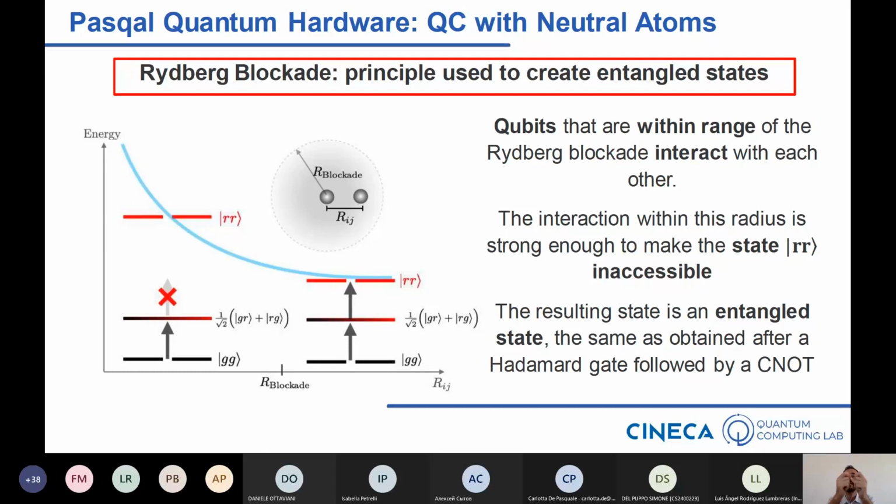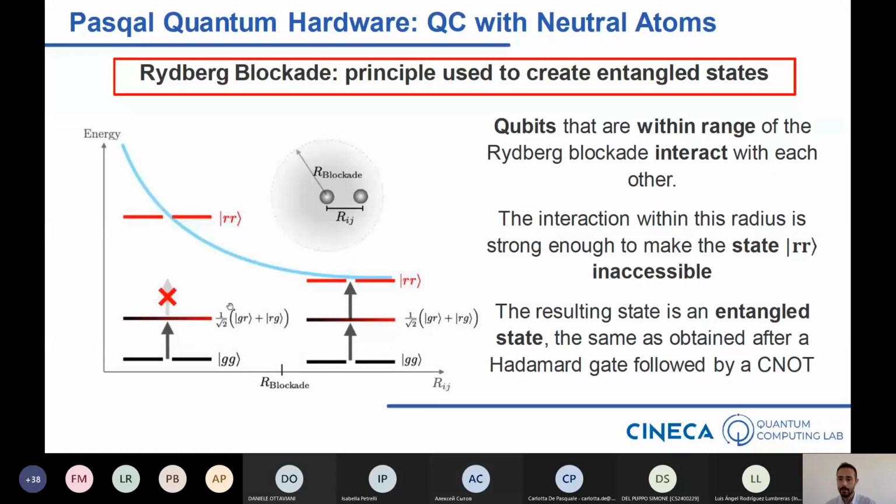Two electrons that are very close feel a repulsive force, so the energy increases a lot. So if you shine light, the transition to the state RR becomes inaccessible because you don't have enough energy to reach it. You are left in an intermediate state that is an entangled state.